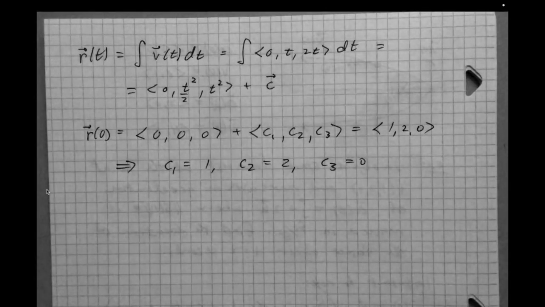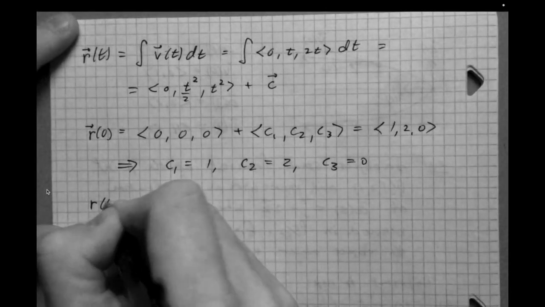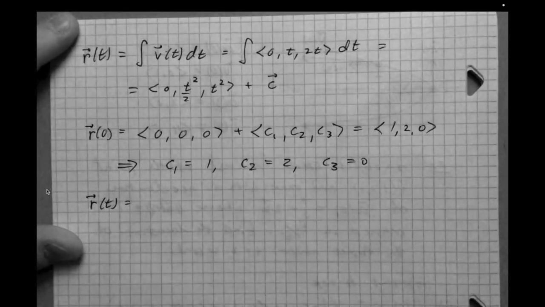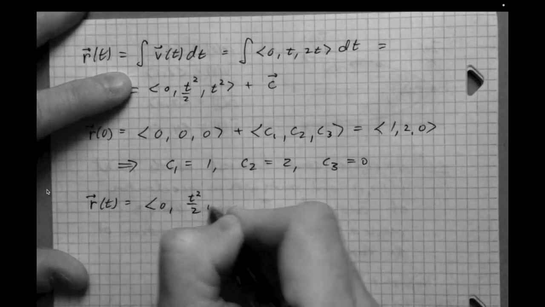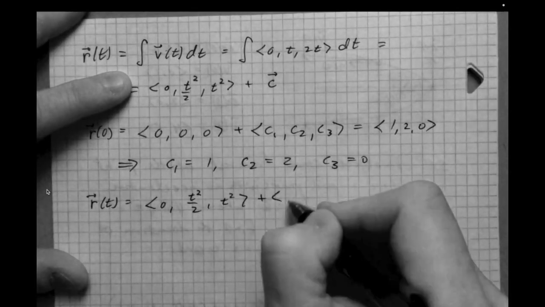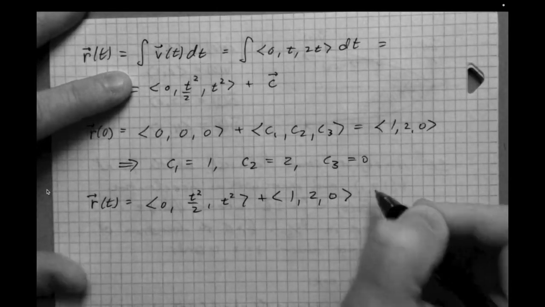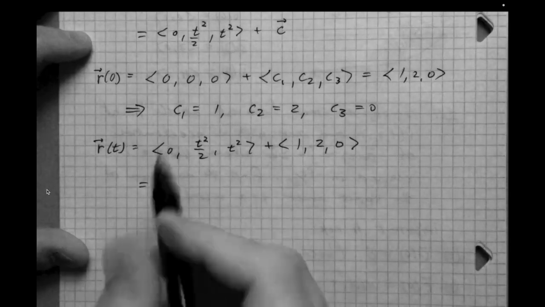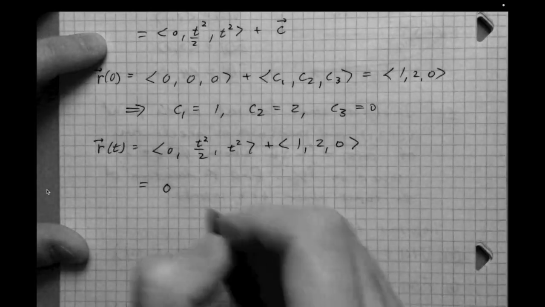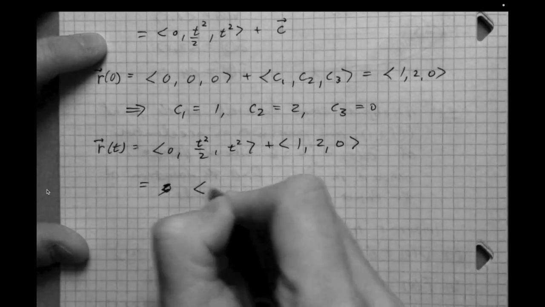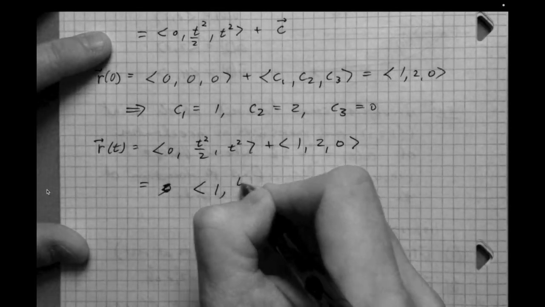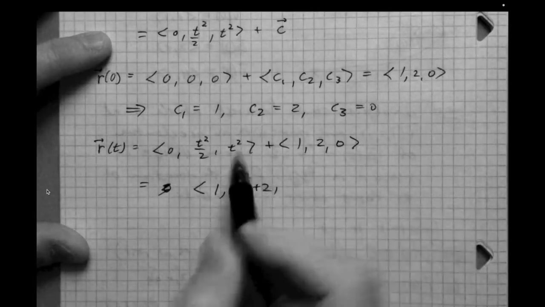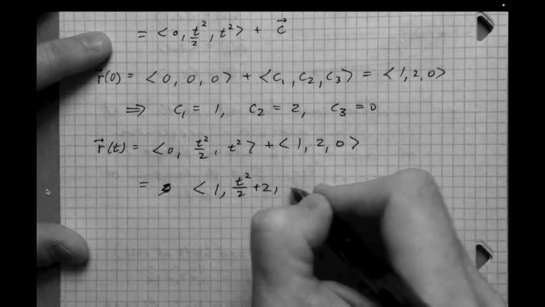Okay. And so the position vector, therefore, is equal to 0, comma t squared over 2, comma t squared, plus 1, 2, 0. You can write this in a couple different ways. One way is to do a vector addition here. Instead of 0, it's 0 plus 1. So you get 1 for the x component, and then the y component is t squared over 2 plus 2, and then the z component is just t squared.